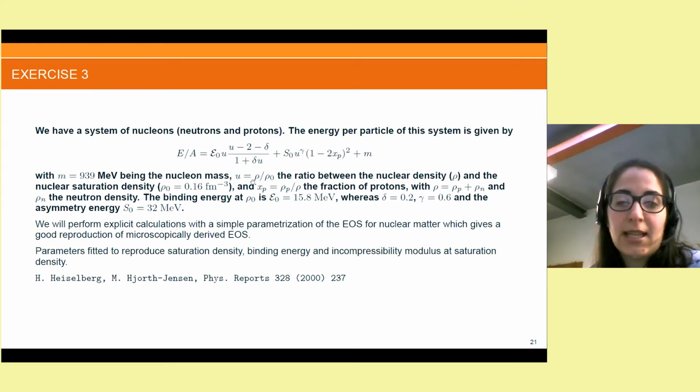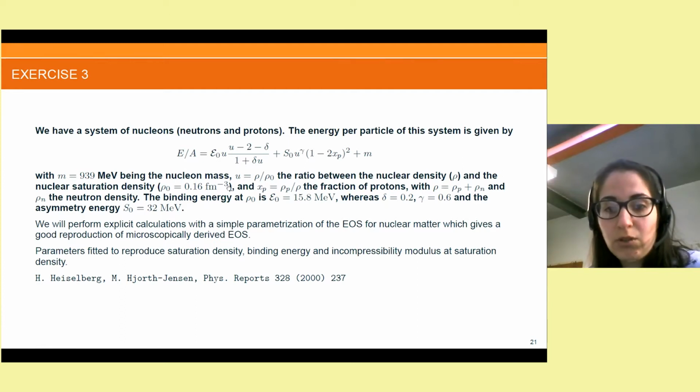In this case, baryon density is defined as the proton density plus the neutron density. And we take it dimensionless by dividing by this rho 0, which is the nuclear saturation density, 0.16 fm^-3. Then we also have the proton fraction, which is just defined as the proton density divided by the total baryonic density.